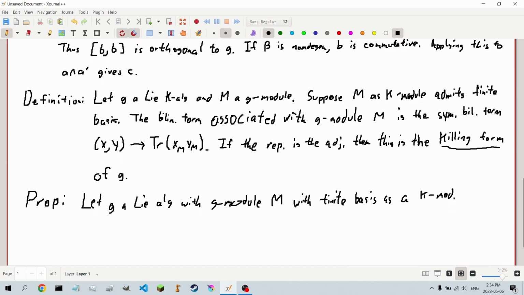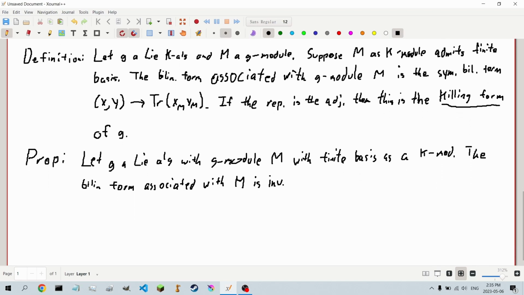And the theorem is that the bilinear form associated with M, actually the version of the killing form on this representation of G on M, is invariant.